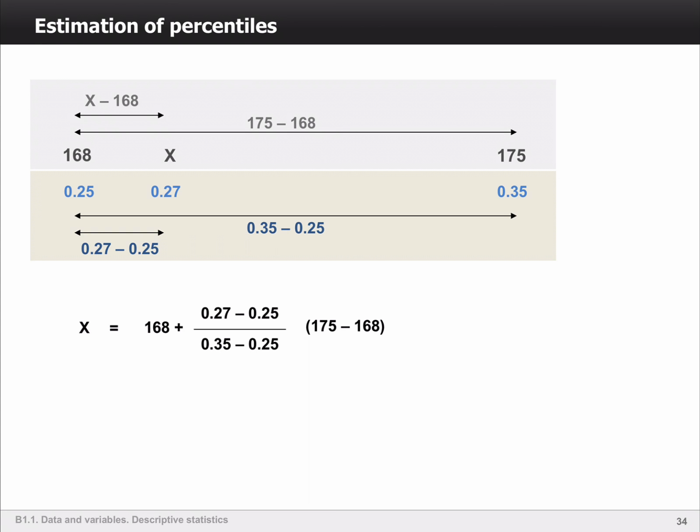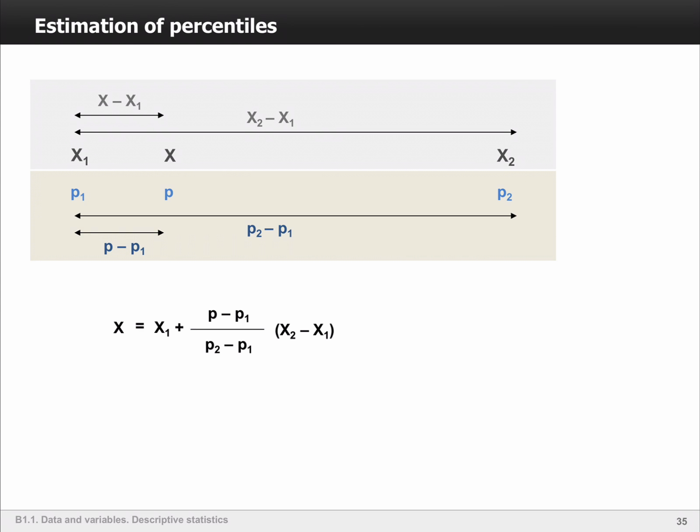If we look at this again and keep the original formula, you can see that we can actually make it universal for any values and for any percentiles. We can just substitute the numbers with some letters. For example, x1 and x2 are the boundaries for our interval, where the percentile we are looking for is inside. And p1 and p2 are the same, but in the percentile space, right?